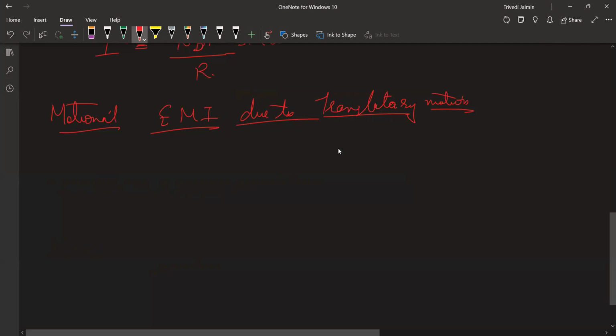Now if we say E equals BVL, what is E, what is B, what is L? E is EMF, B is magnetic field as usual, L is length, V is velocity. Sin theta is the angle between them. Induced current I equals BVL cos theta by R.